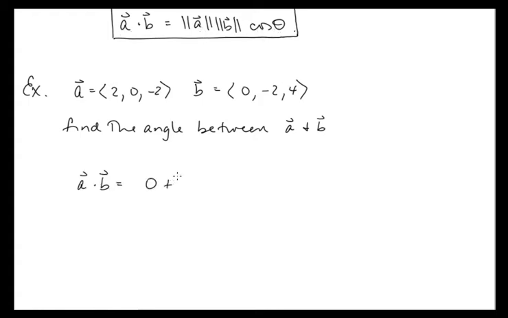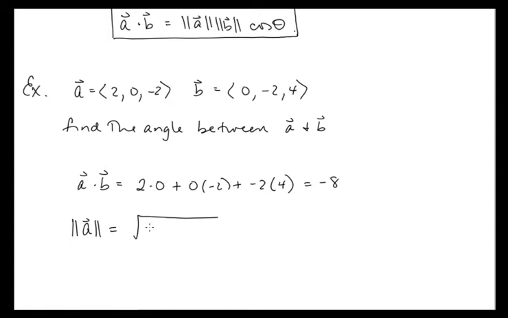So A dot B is 2 times 0 plus 0 times negative 2 plus negative 2 times 4, and that gives us negative 8. Magnitude of A is square root of 2 squared plus 0 squared plus negative 2 squared. So that gives us radical 8, 2 radical 2.